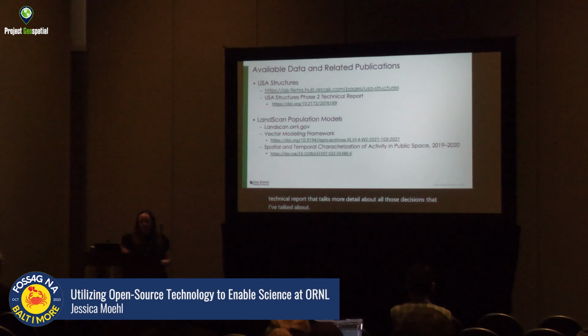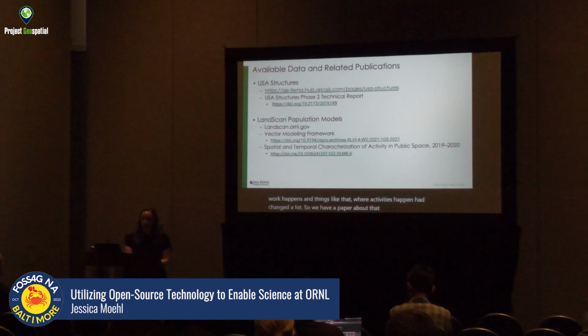At FOSS4G 2021, I talked about the modeling framework a little bit more in depth, and then we have another data layer that came out of COVID, where the fundamental thoughts about where work happens, where activities happen, had changed a lot. So we have a paper about that as well, and an open data set with that.